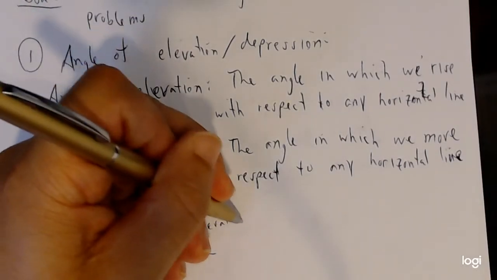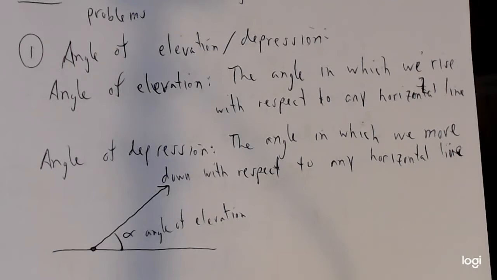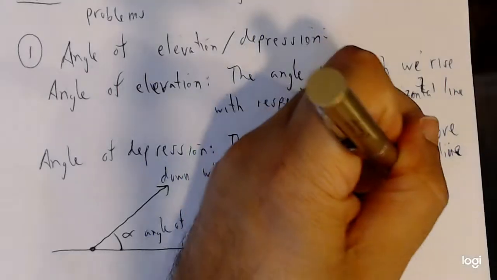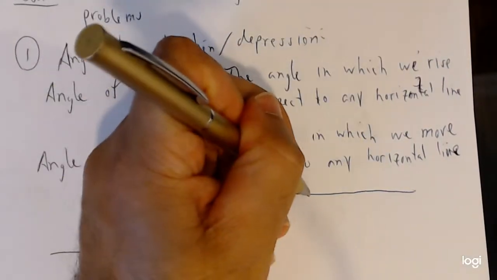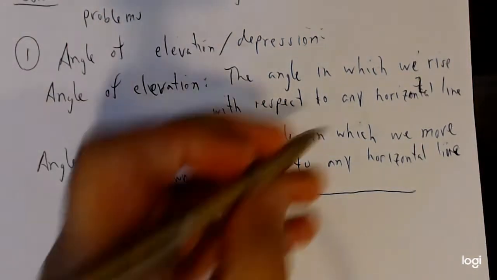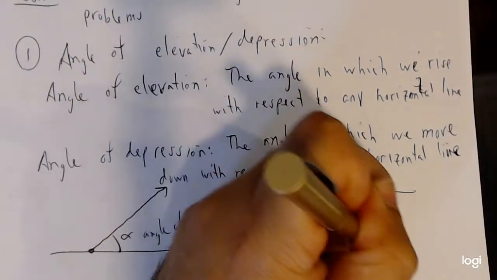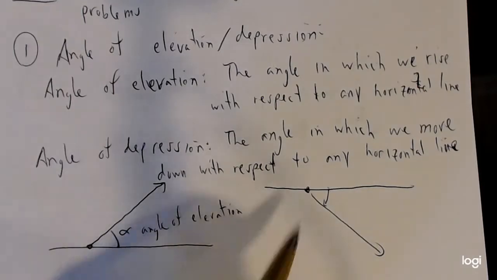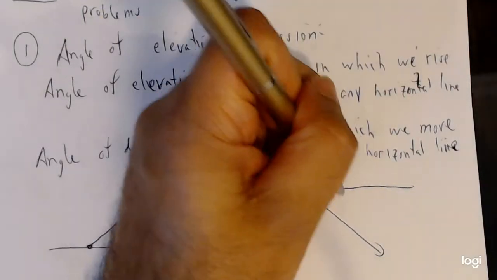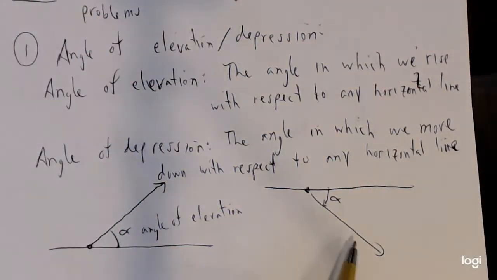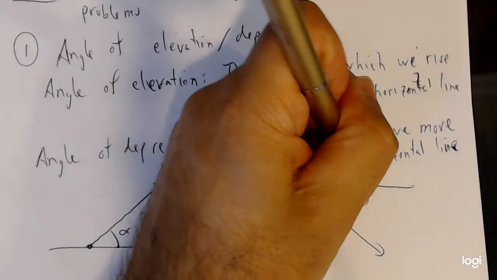You could draw a picture for the angle of depression similarly. You draw your horizontal, pick a point on it, and then go downwards by some angle. In this case, that alpha is my angle of depression.